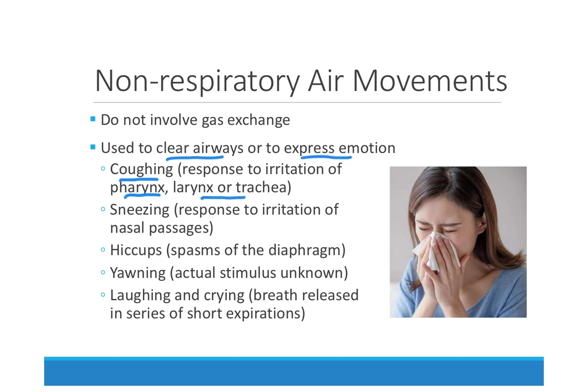So if something is headed towards your lungs that your lungs would not want there, you're going to cough to try to get rid of it. If you inhale some smoke, or you swallowed something too quickly for your epiglottis to completely close, and so a trickle of liquid is heading down to your trachea, then your body's going to cough to try to get it out of your lungs.